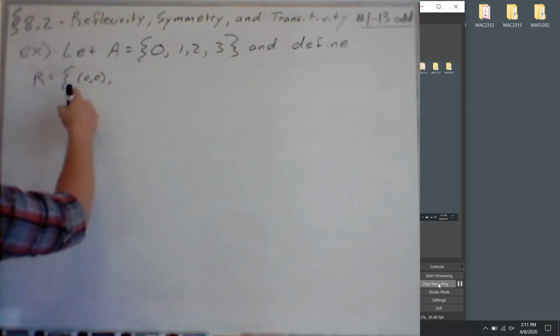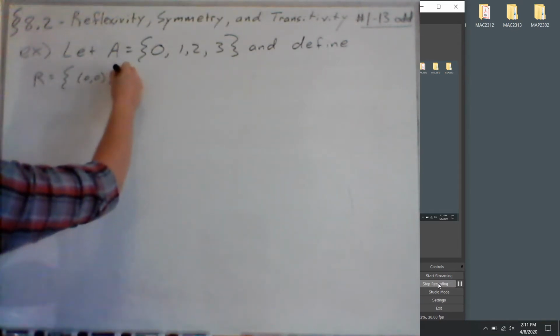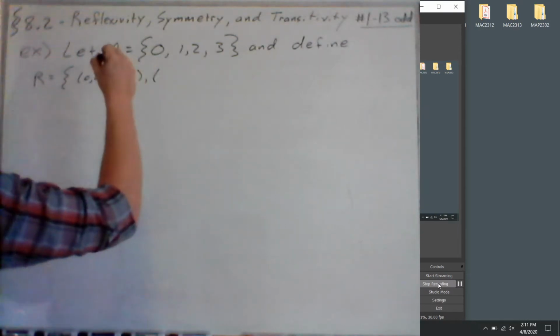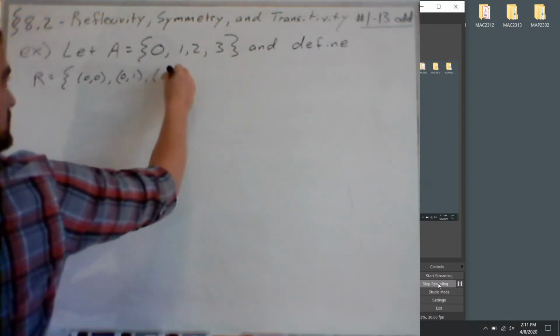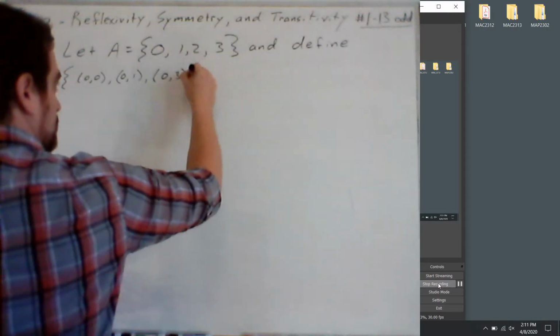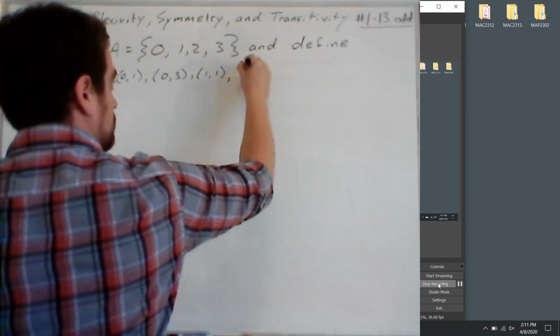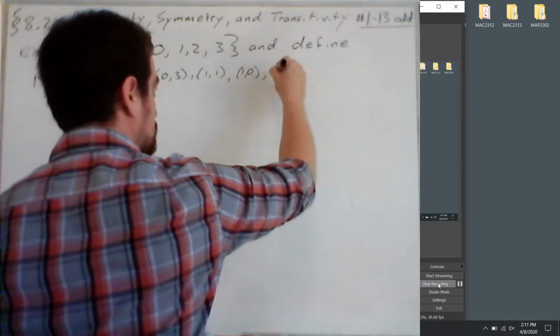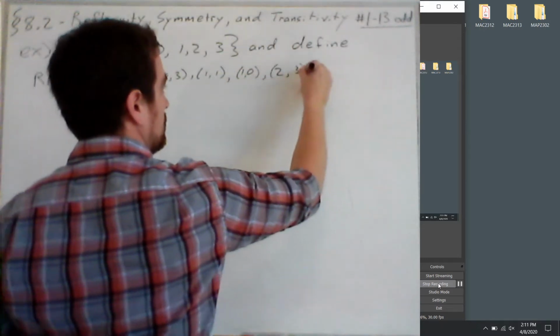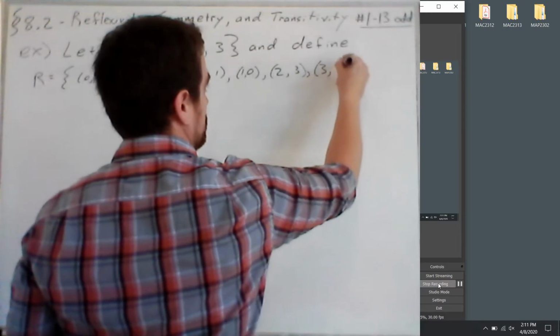We have this relation: 0 is related to 0, 0 is related to 1, 0 is related to 3, 1 is related to 1, 1 is related to 0, 2 is related to 3, and 3 is related to 3.